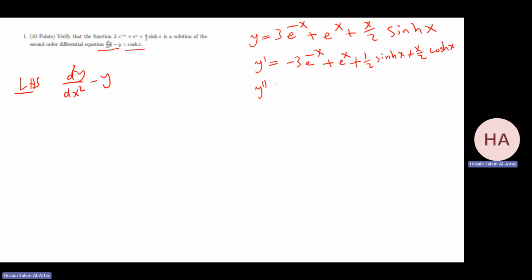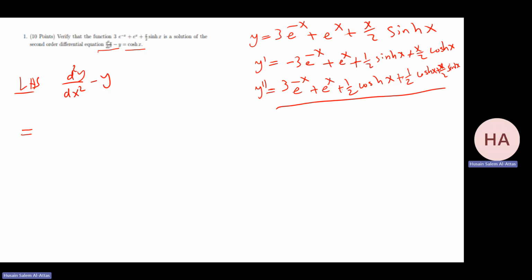Y double prime will be what? 3e to the minus x, plus e to the power x, plus half cosine hyperbolic x, plus, this is product rule, I have what? Half cosine hyperbolic x plus x over 2 sine hyperbolic x. So left-hand side will be what?